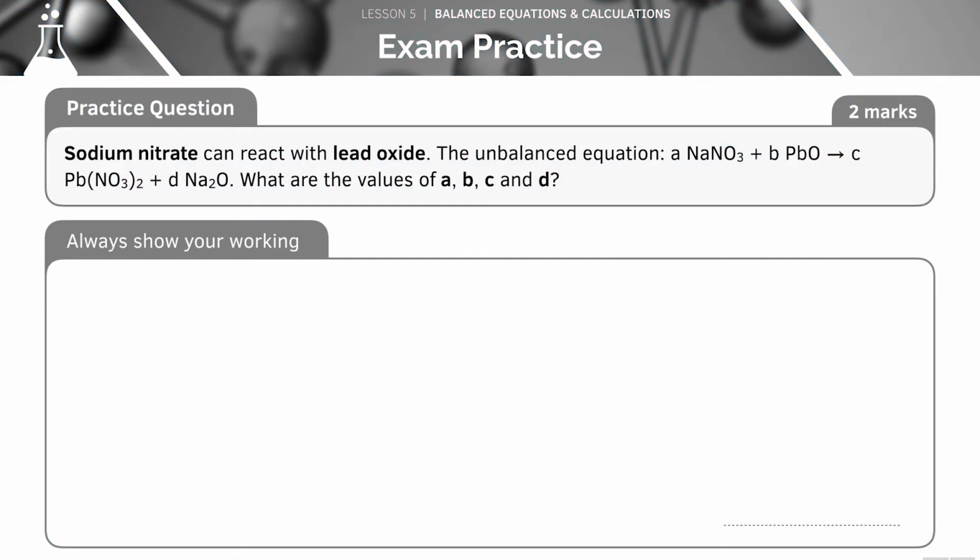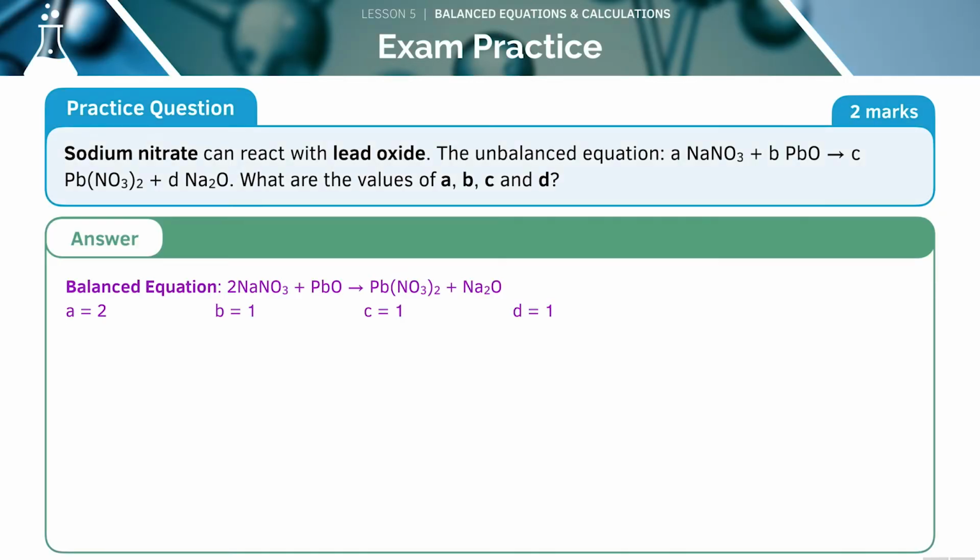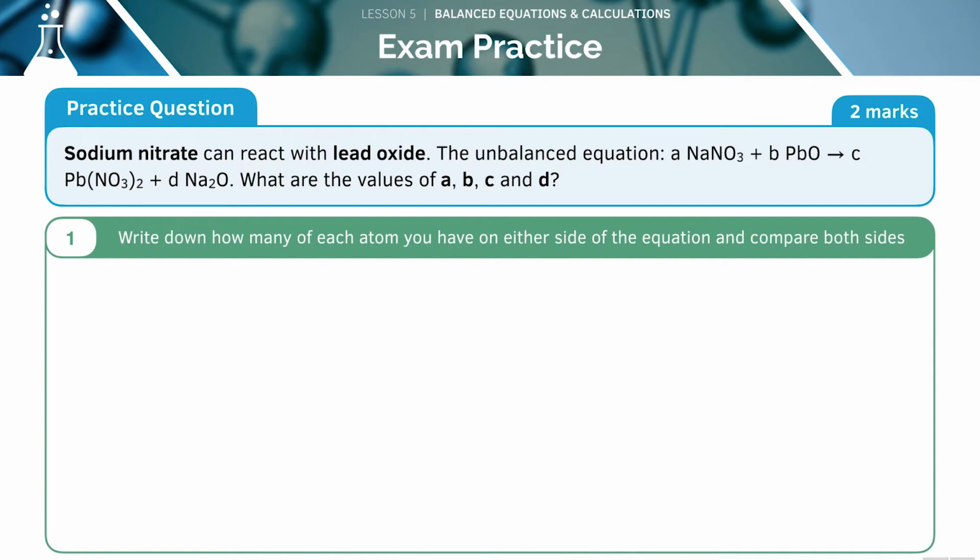Let's try another equation. Pause the video now to have a go at this one by yourself. This is the answer. Let's see how we got to this. Our first rule is to write out how many atoms of each element we have.